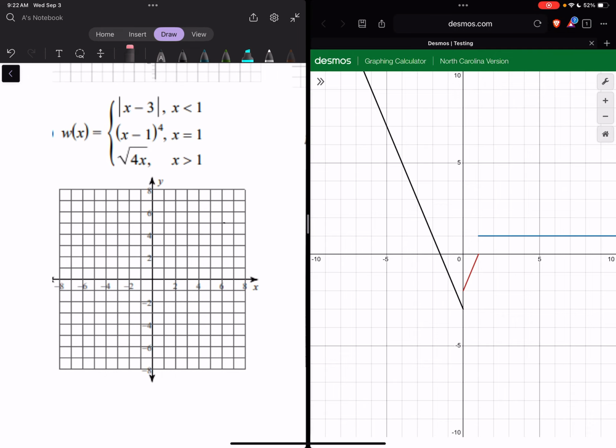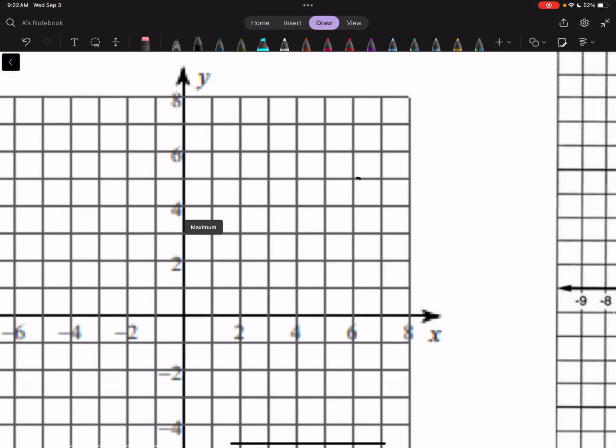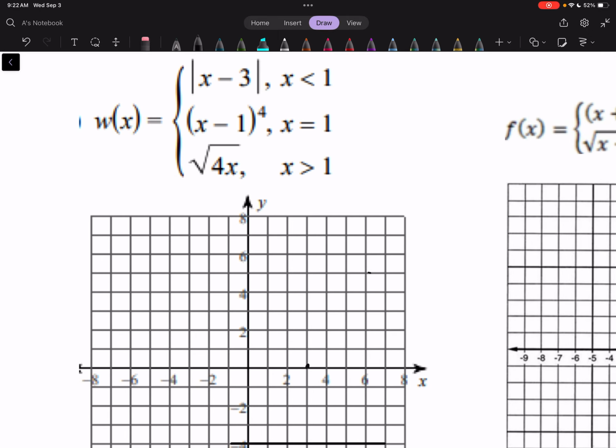All right, bottom left. The absolute value of x minus 3, where x is less than 1. So, x minus 3 is shifted to the right 3 units. And it is the absolute value function, which looks like the v.